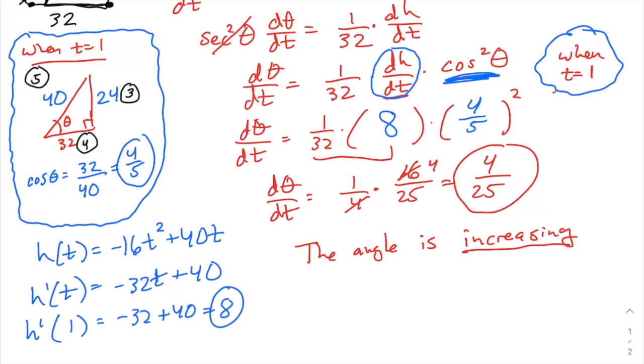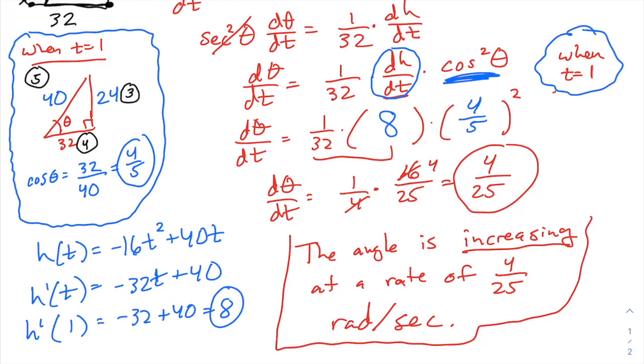The angle is increasing at a rate, also nice to include that, at a rate of 4/25, and the units are radians per second. Angles are always measured in radians in calculus, remember, not just because they're nice, but because all those trig derivative rules are based on the fact that you are in radians in the first place. So always radians in calculus. Just remember that.